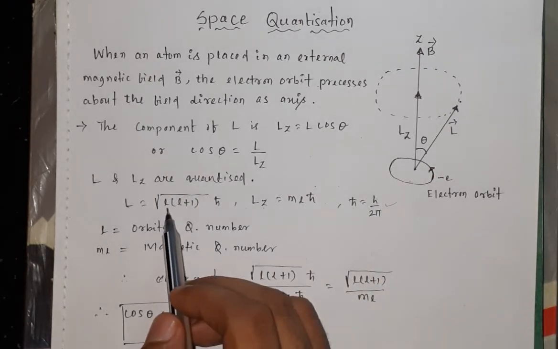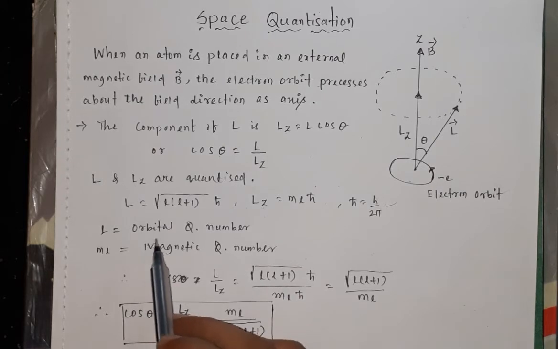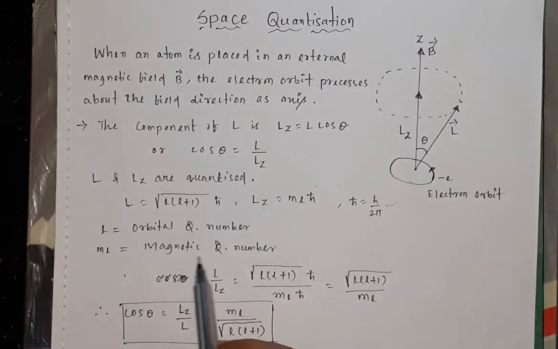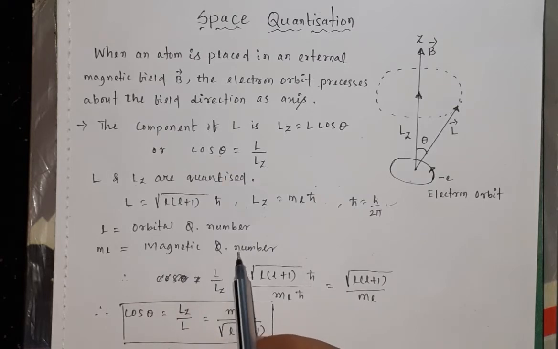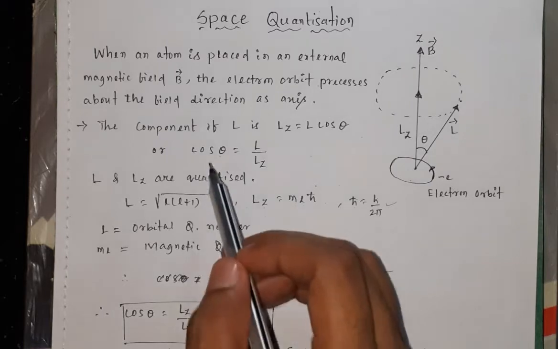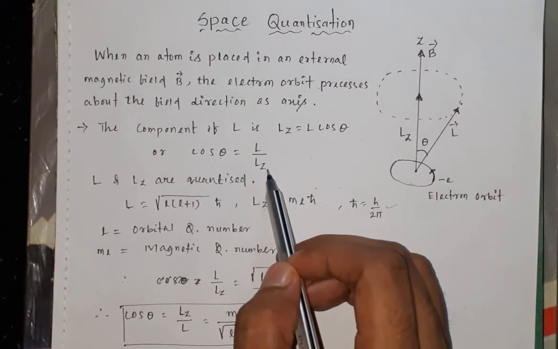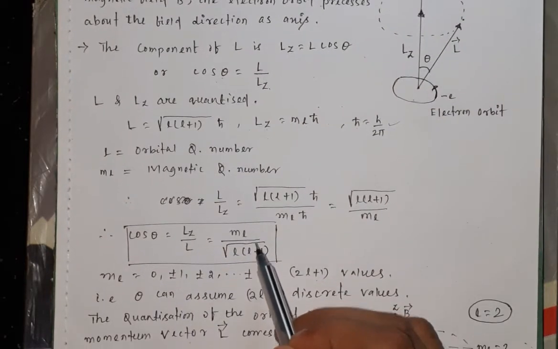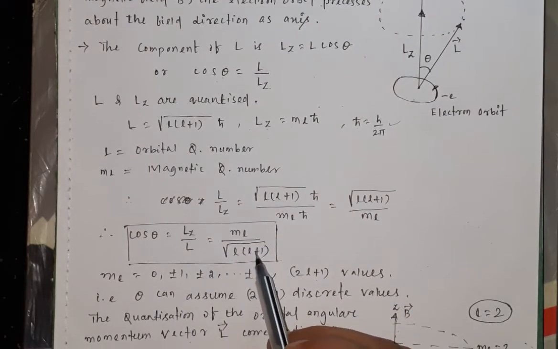Here the small l is called the orbital quantum number, and ml is called the magnetic quantum number, and we find the value of cos theta. Cos theta equals Lz upon L. Putting the values of L and Lz, we get cos theta equals ml divided by root of l(l+1). This is the value of cos theta.